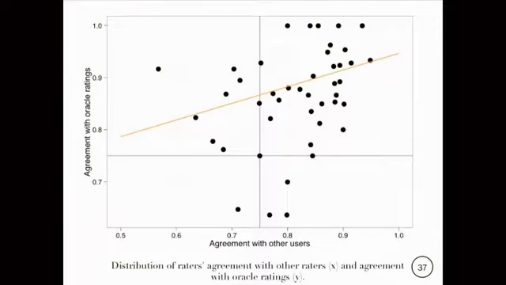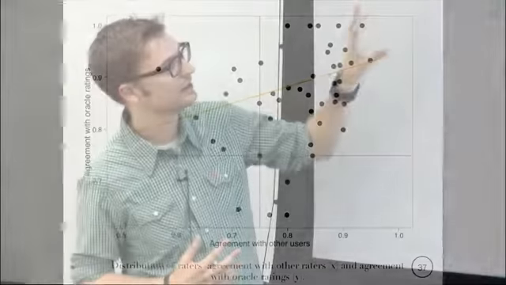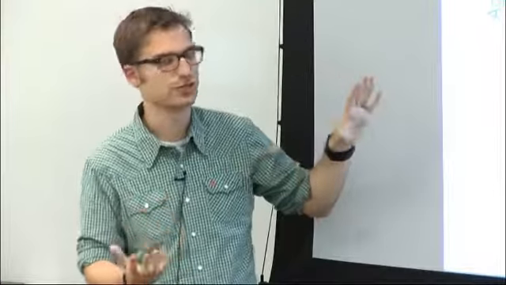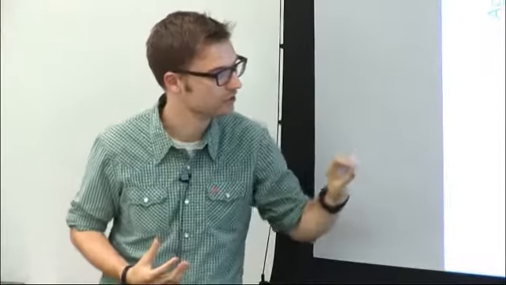And this chart simply shows that there's a correlation between agreement when a user agrees with an Oracle or when a user agrees with other users. So when we didn't have Oracle data, using majority rating was a good proxy, albeit more conservative. So it erred on the side of rejecting.